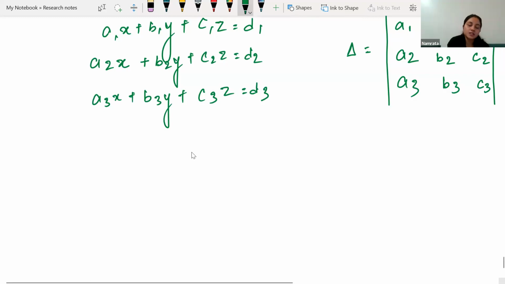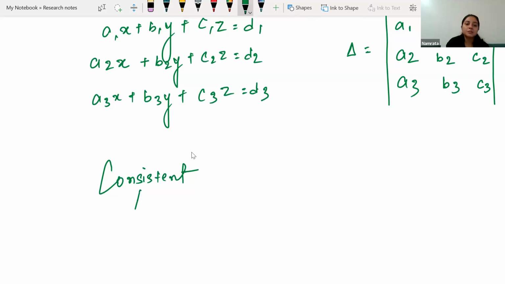First thing first, if it says the system is consistent, that means there will be a solution. The solution can be a unique solution, or it can be infinitely many solutions.